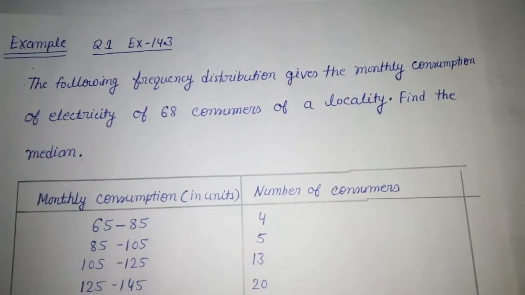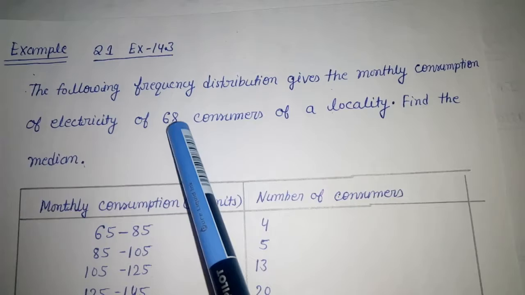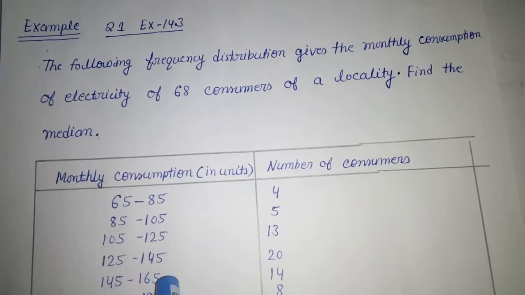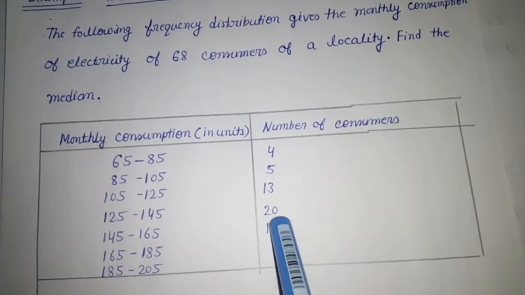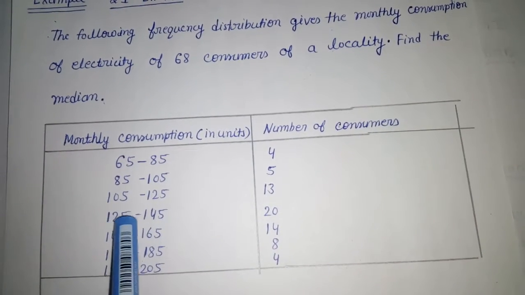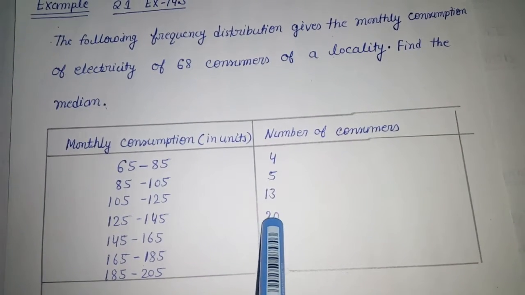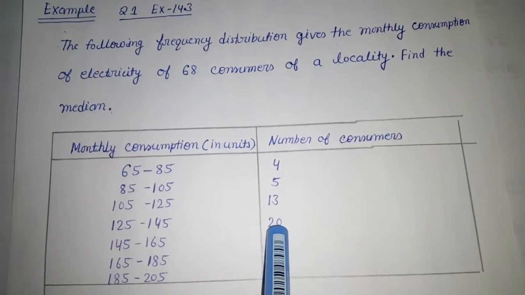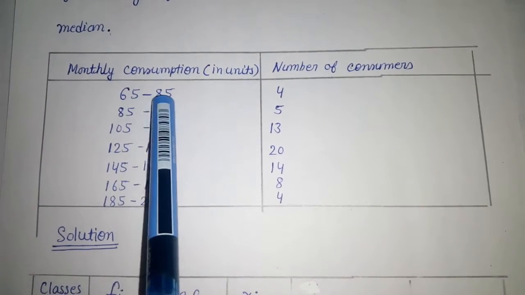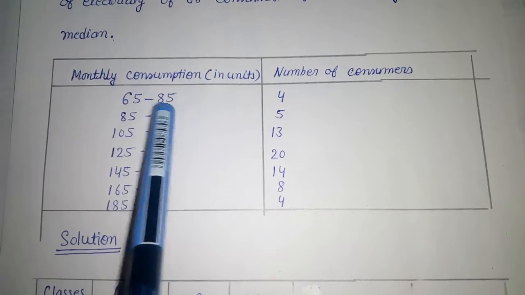Find the median. The total consumers are 68, so this is the value of n. The maximum frequency is 20, so 125 to 145 will be the modal class because its frequency is the most, and h will be 20 because the difference between lower limit and upper limit is 20 in every class.